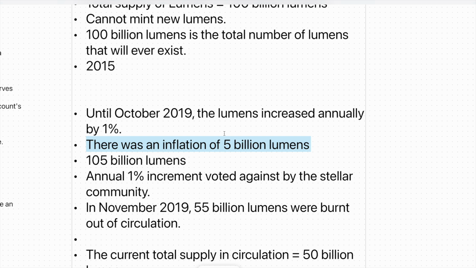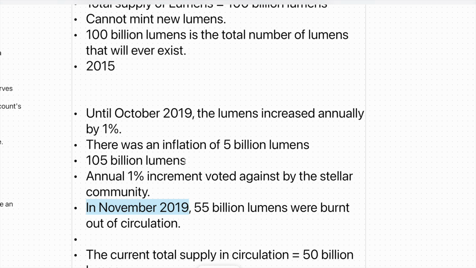And in November 2019, the total supply of lumens was reduced. It was cut short because, since the inflation happened, we had 105 billion lumens in circulation at that time.